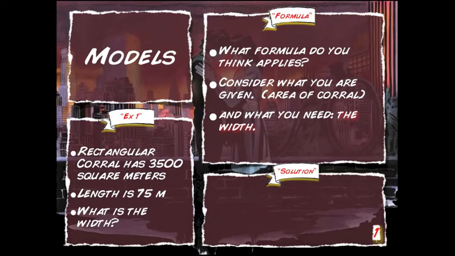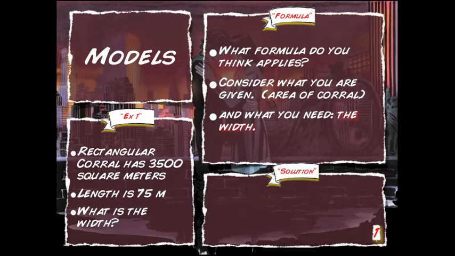If you were to draw a picture, and this is by far the most important part of word problems, always, always, always draw a picture. In this case, it would be simple. I would draw a box, and I would label the length 75, and I would label inside that rectangle 3,500 meters squared, and I would put an X for the width, or maybe a W for the width.